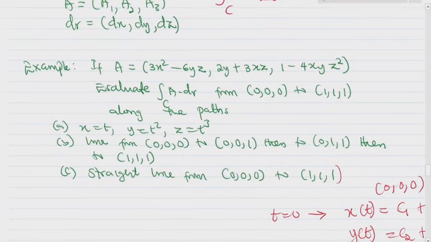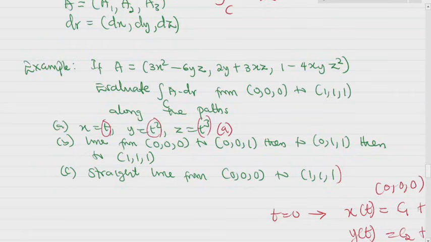Now, one thing is sometimes it will be parameterized. This has been parameterized now. So that means that all your x, y, and z, you change them to something containing t. So for this A, you change all your x to t, all your y to t squared, and all your z to t cubed. If they ask you to find the integral of A dot dr, it is the integral of Ax dx plus Ay dy plus Az dz.